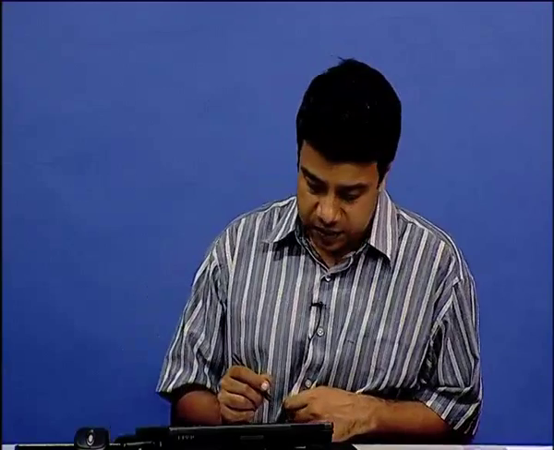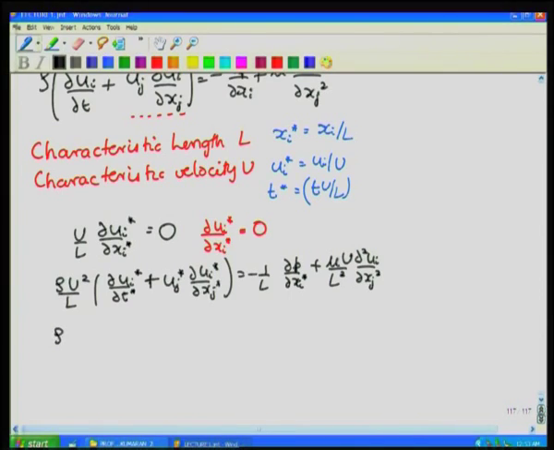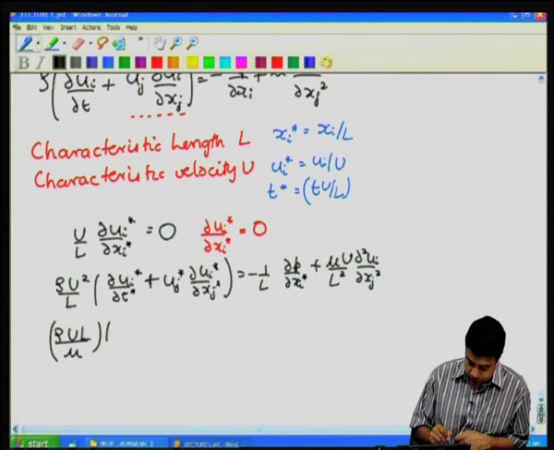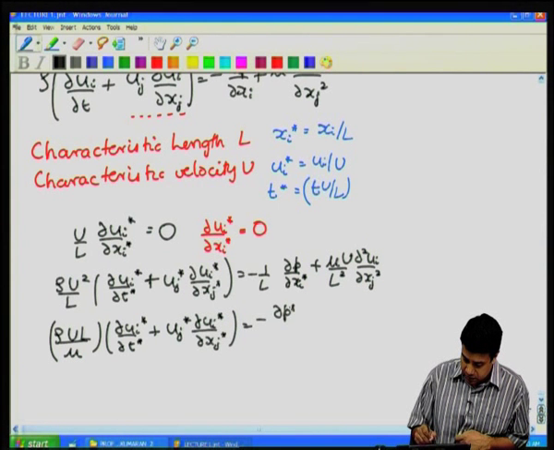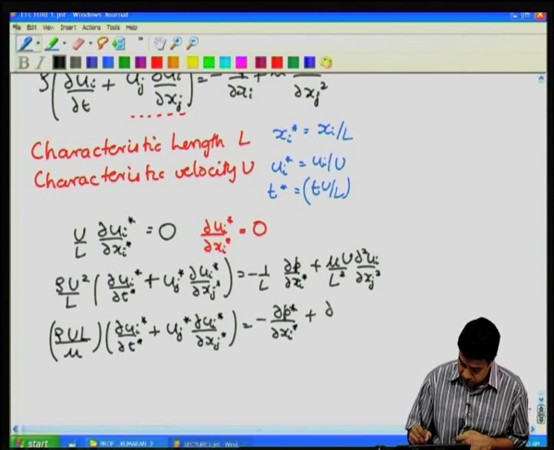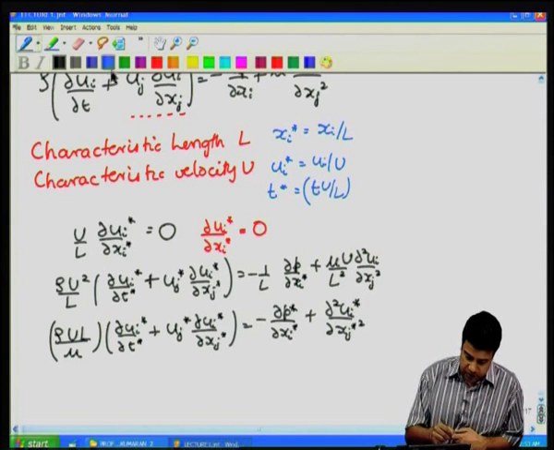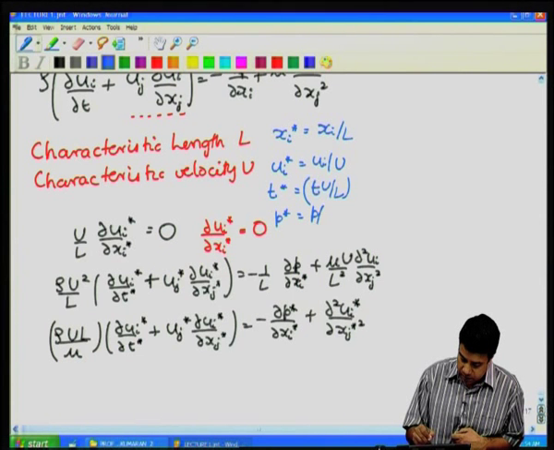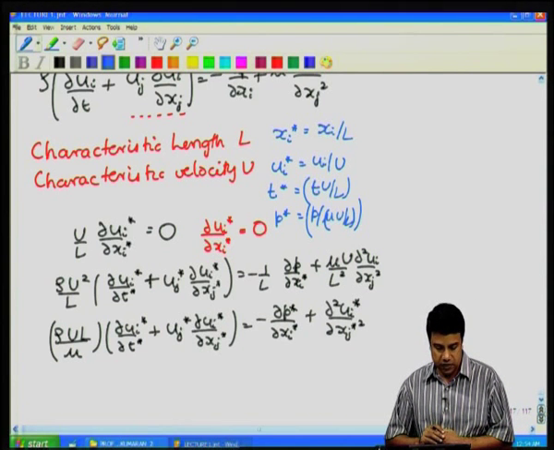If we take the viscous scaling, divide throughout by mu u by L square, what I get is rho u L by mu times the inertial terms, equal to minus partial p star by partial x_i star plus the viscous term, where my scaled pressure p star is equal to p by mu u by L. So, this gives me a dimensionless number here.